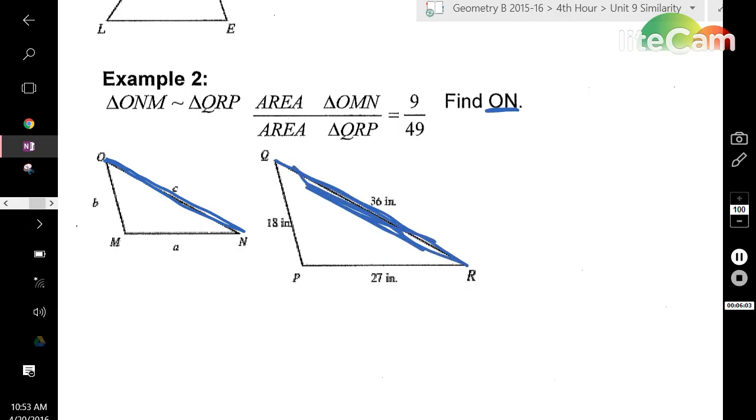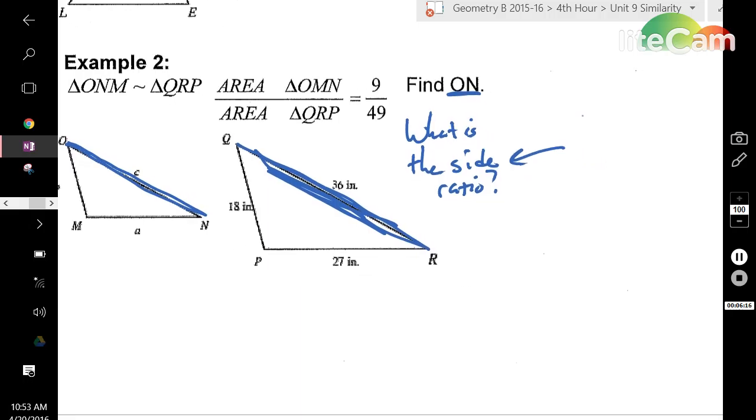But I don't have a side length ratio. So the question is, what is the side length ratio, or the side ratio? We don't know it. But in order to find a side length ratio, you could use an area ratio. So what is the area ratio, you ask? Do we have one of those? In fact, we do. It's right here, 9 over 49.